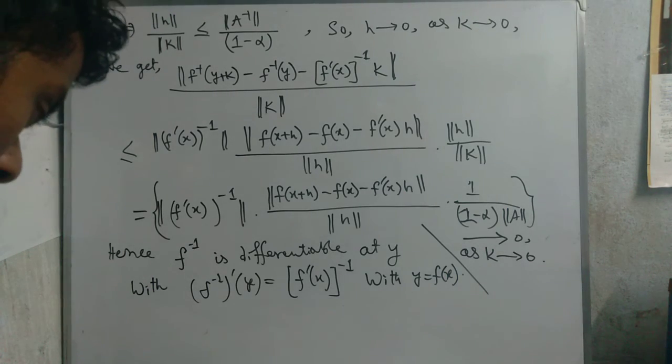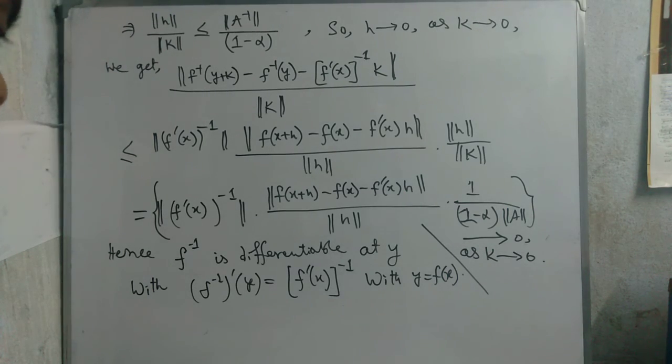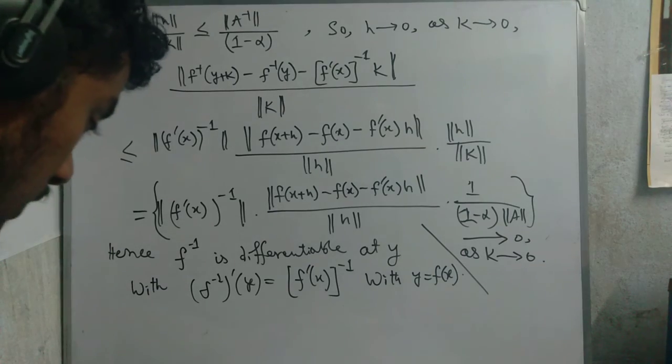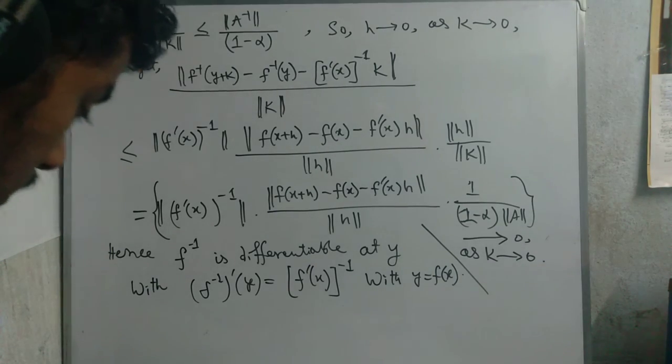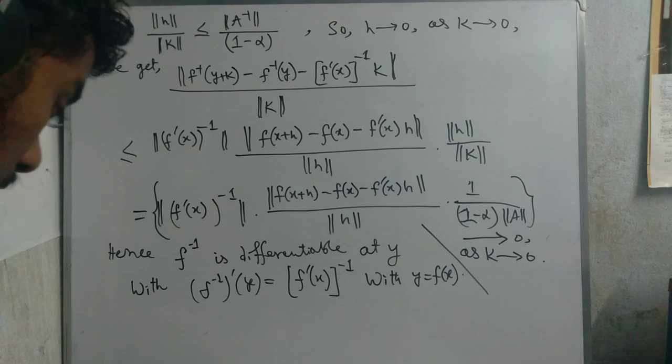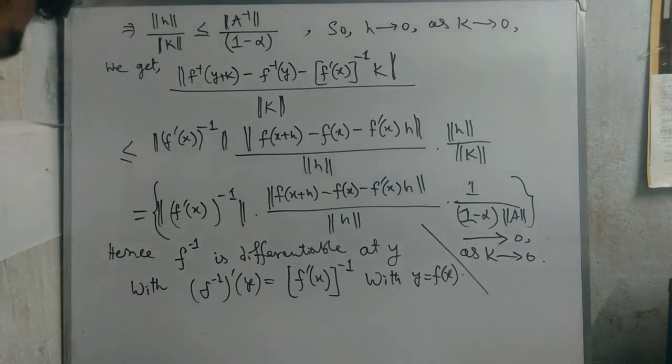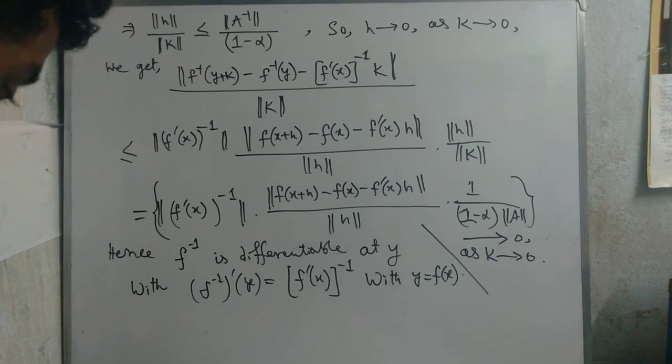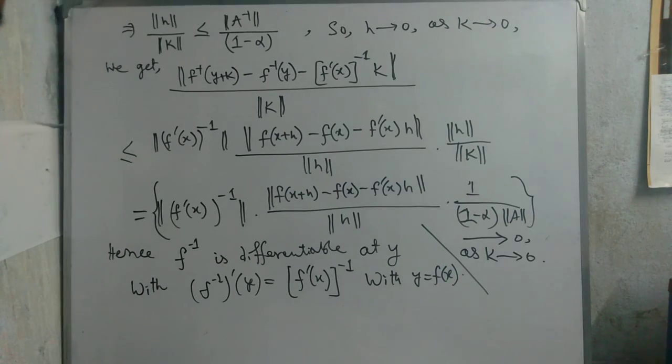Since f'(x) is differentiable, f⁻¹ is differentiable at y with (f⁻¹)'(y) equal to b, which is (f'(x))⁻¹. Okay, here we stop now.